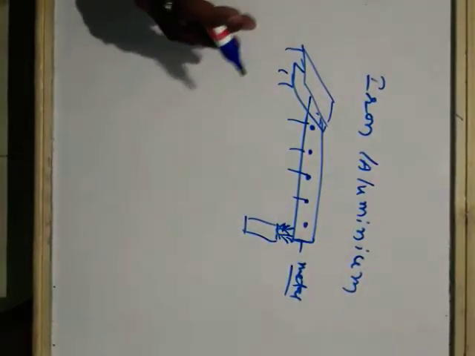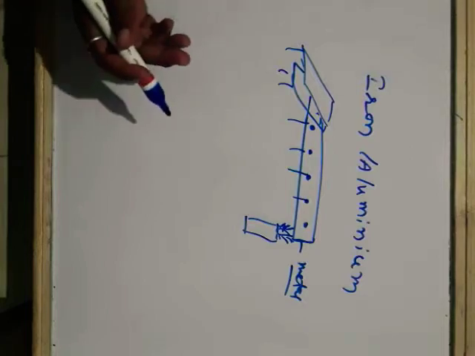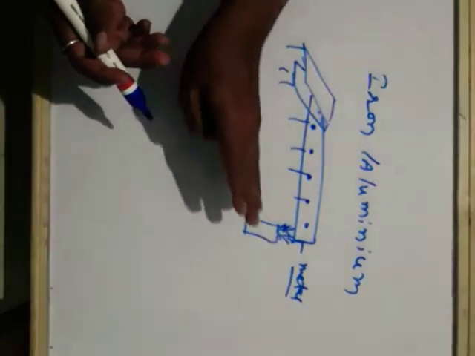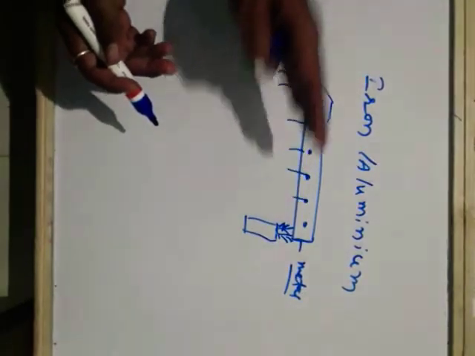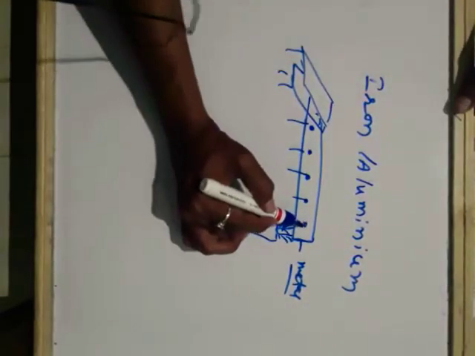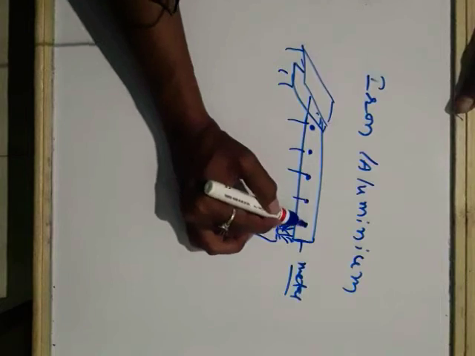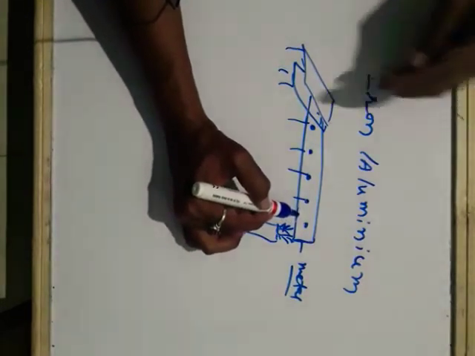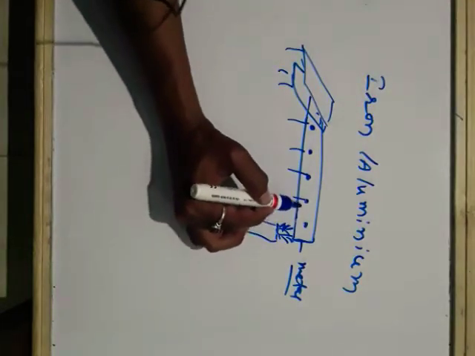So how do you see that? By seeing the wax melting, you understand that heat is transferred from hotter to colder. Here it is hot, and here it is cold. This part will get heated and then this part will get heated. So heat transfers from the hotter to the colder region.